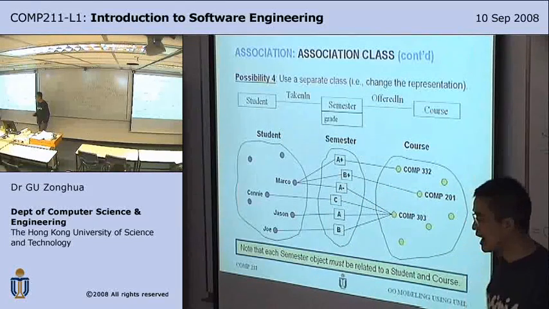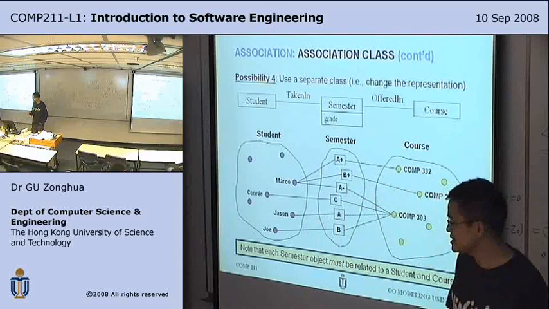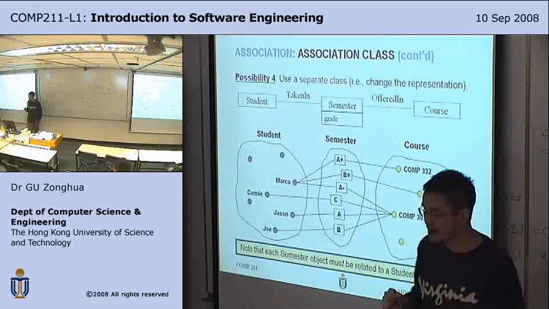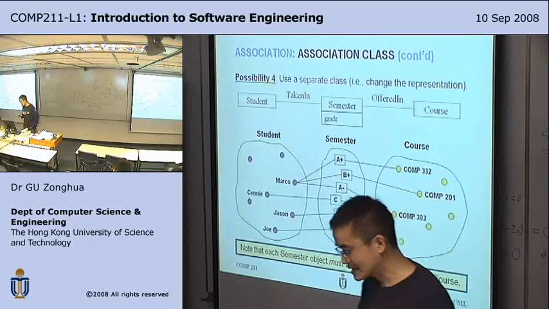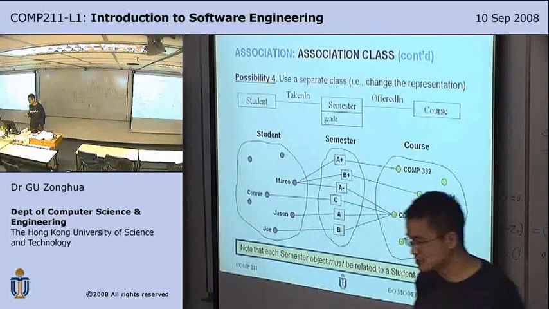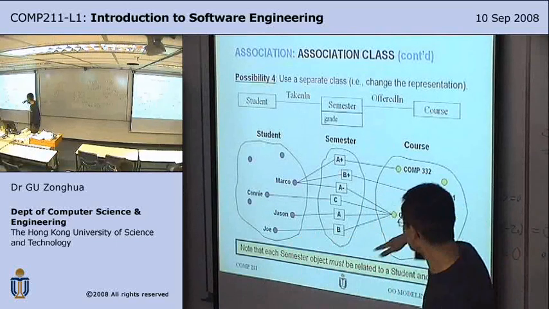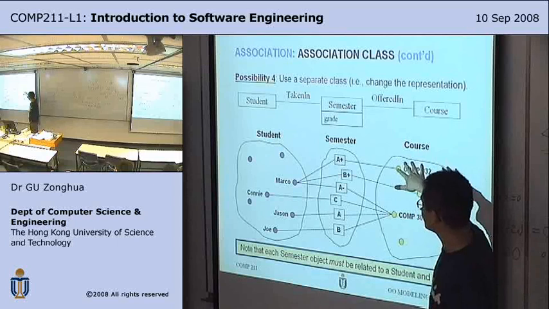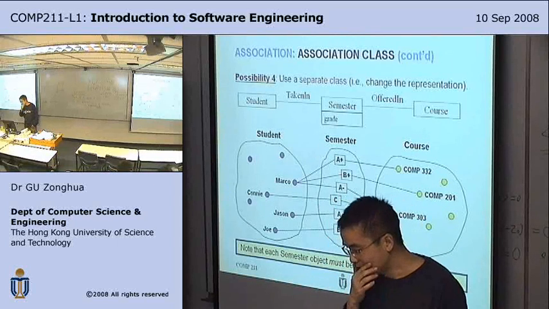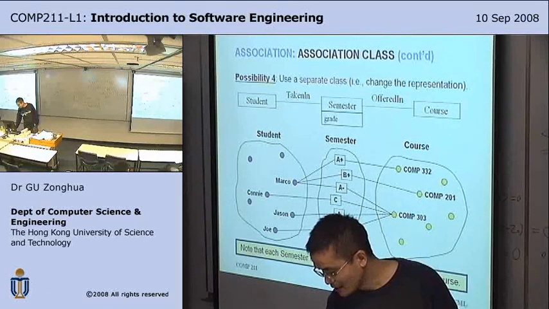You can enforce this by adding some multiplicities to each end, say 1, 1, to indicate that a semester object cannot sit there without being linked to a student and a course. But from this diagram, it's not obvious. From this diagram, you can have three separate classes completely independent from each other, but you can enforce additional constraints on the class diagram for your application.